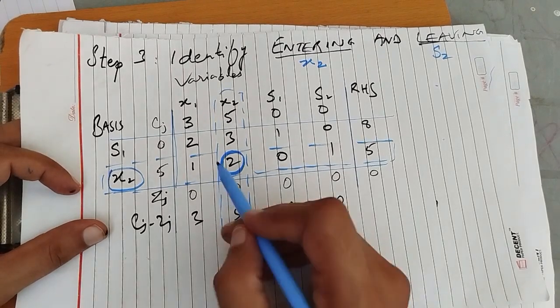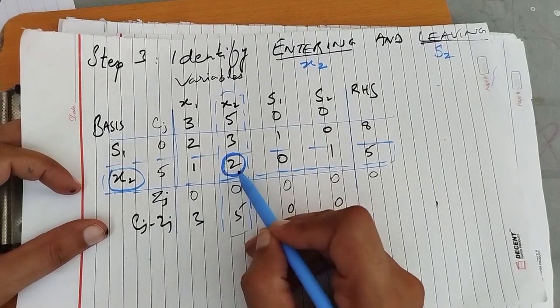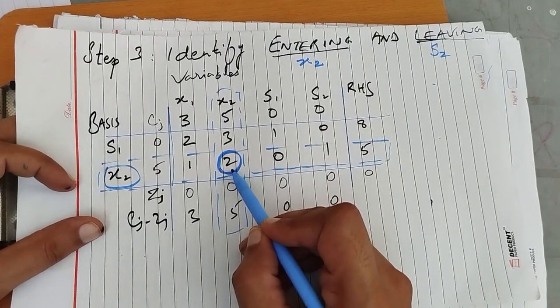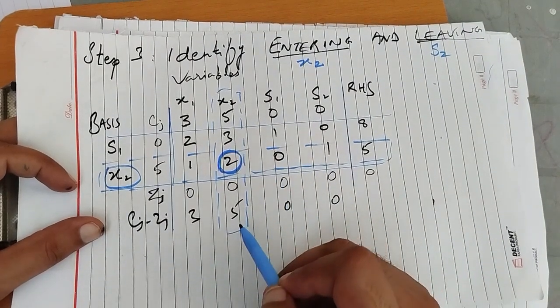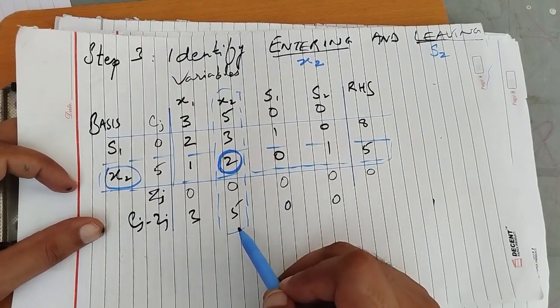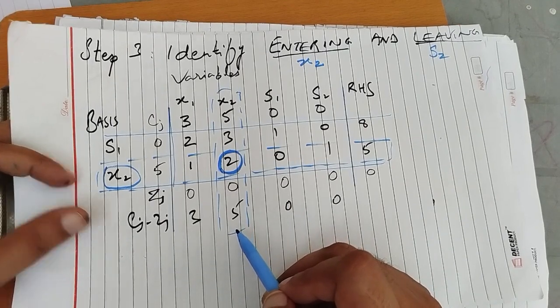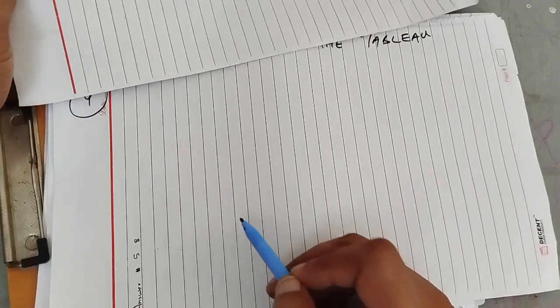What we are going to do, we are going to make this element into 1 unit element, and the rest will be 0. Okay, so for that, what would we do?